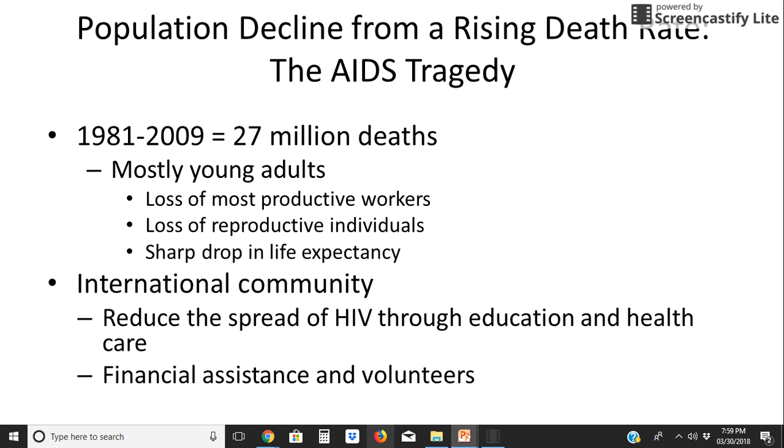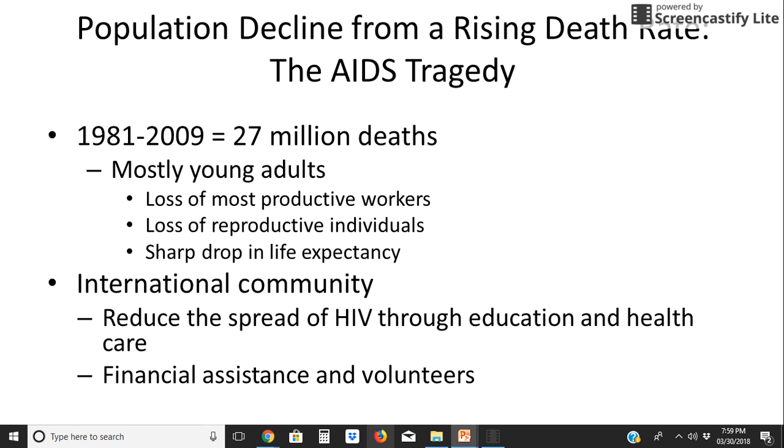One disease that we look at can be the AIDS epidemic. And so we lost 27 million people from 1981 to 2009. And so you're losing a lot of productive workers. You're losing a lot of individuals that were in their reproductive years.